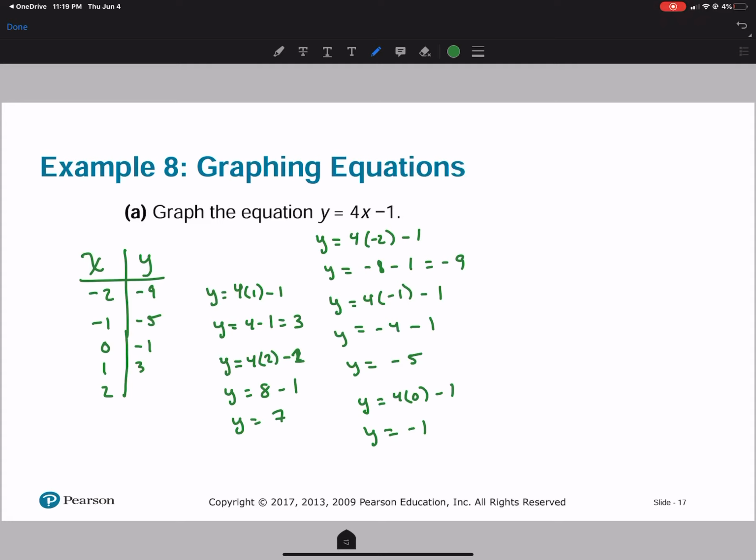So therefore, if we wanted to graph this, it's not the best graph in the world, but we're going to get the gist of what we're actually doing.